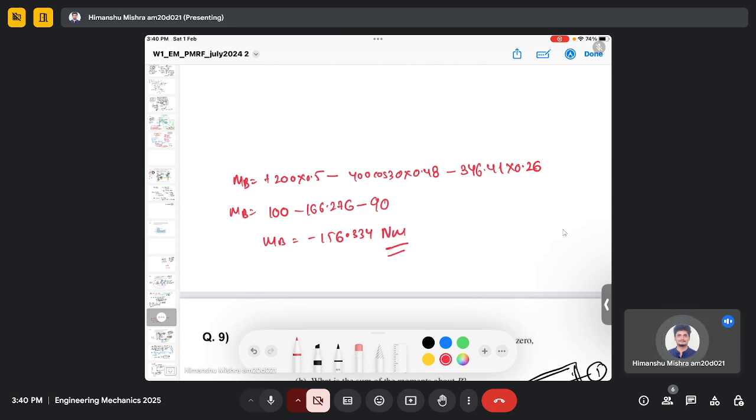So basically it is a clockwise moment at point B.